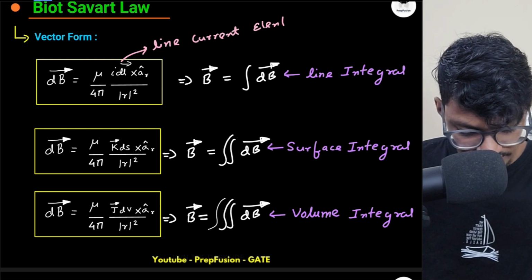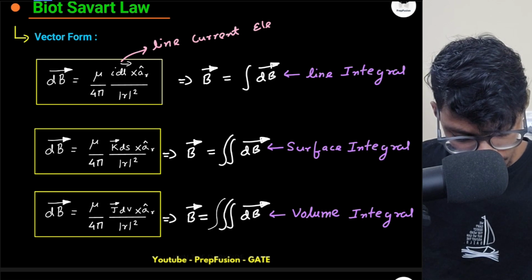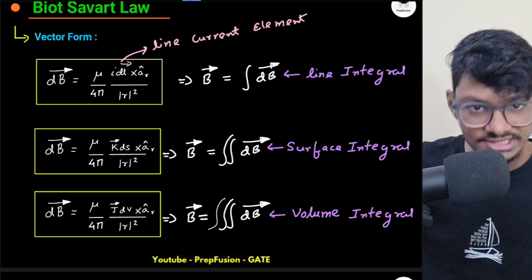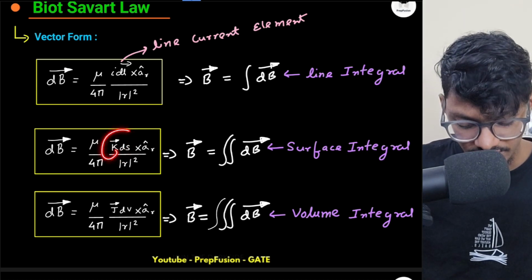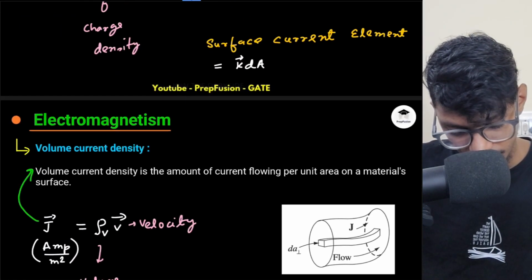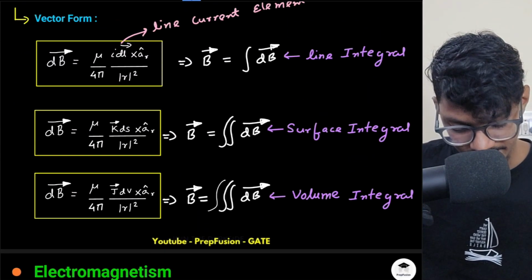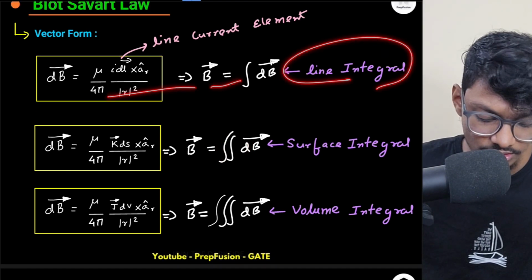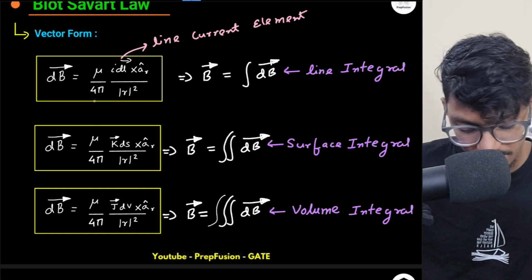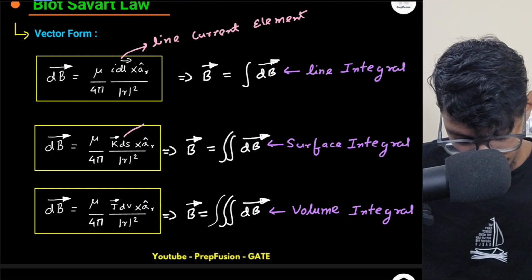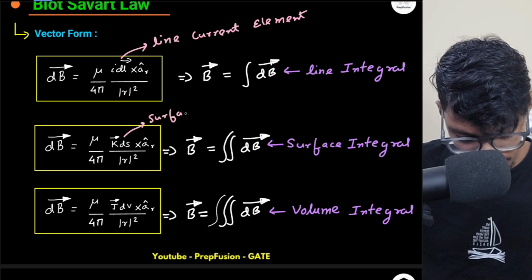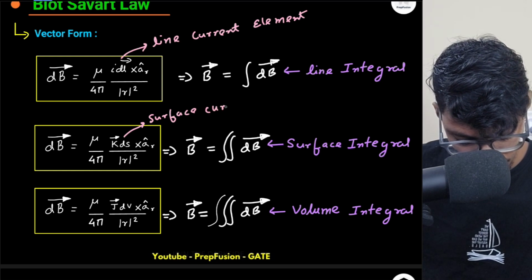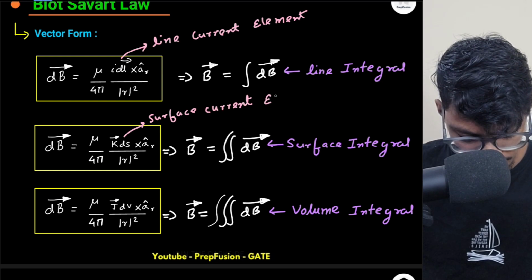Now your Biot-Savart's law can be in other forms as well. If it is a surface current element, if K is given, then you have to do the area integration, the double integration, the surface integration. Here you have to do the line integral to find the magnetic field, but here you have to do the surface integration if the surface current element is given.